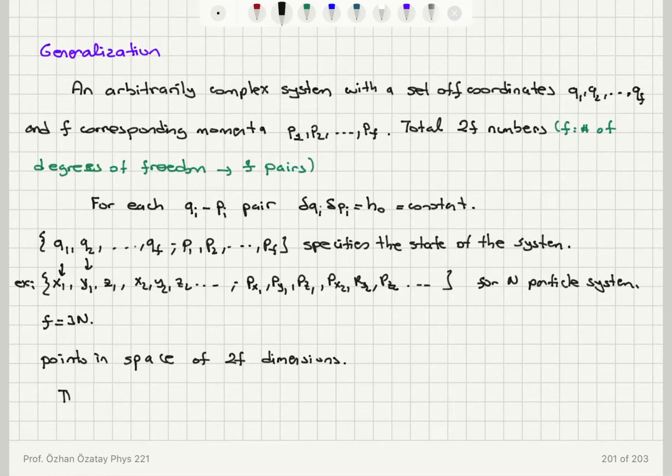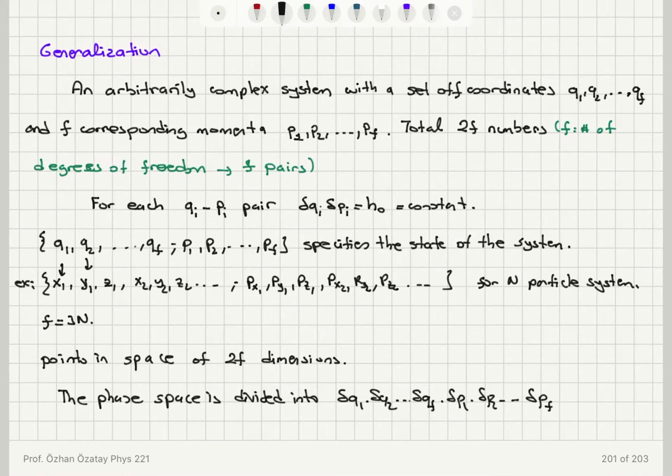The phase space will be divided into cells. So the phase space is divided into delta Q1, delta Q2, delta QF, delta P1, delta P2, delta PF.